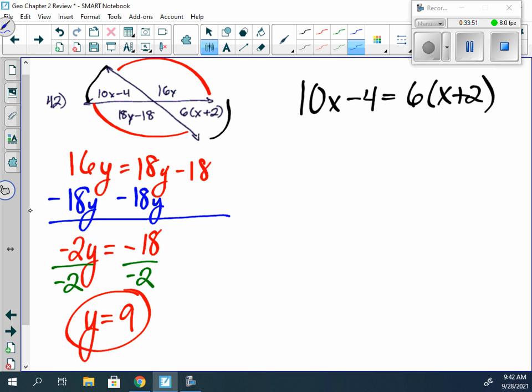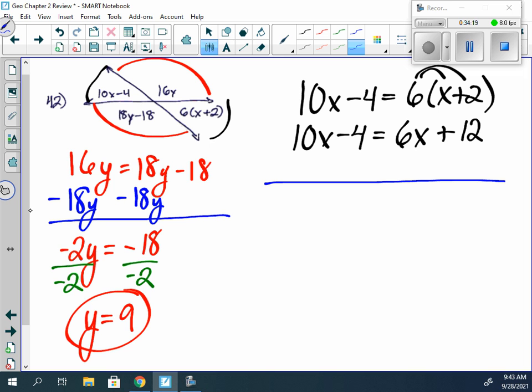Any questions on how we solve for the value of y? Now we need to solve for the value of x. Since I have 6 outside the parentheses in 6 times x plus 2, we do need to distribute first. 6 times x is 6x, and 6 times 2 is 12, so 6x plus 12. What can we do next? 3 minus 6x.